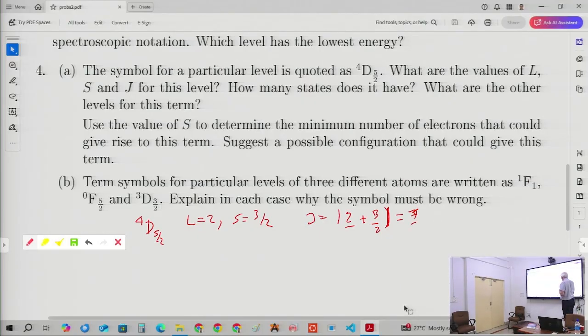I think that's right. Is that right? No, it goes down to a half. It's a quartet. So you get quartet D 1 halves, quartet D 3 halves. We already had quartet D 5 halves, and you get quartet D 7 halves.